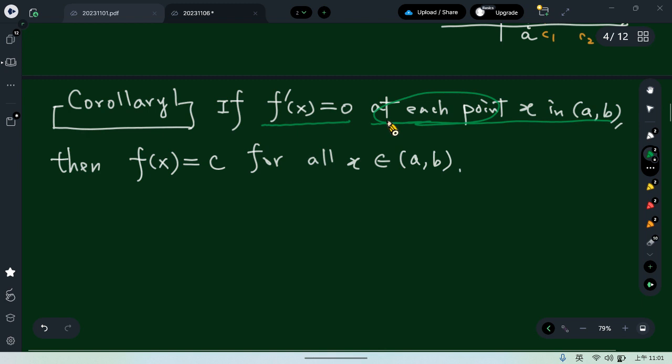So you can just imagine that if it's a continuous function, at each point, its first derivative is always 0, so that the slope for the tangent line is always 0. So only one situation can have such kind of result, that only f of x is a constant function.